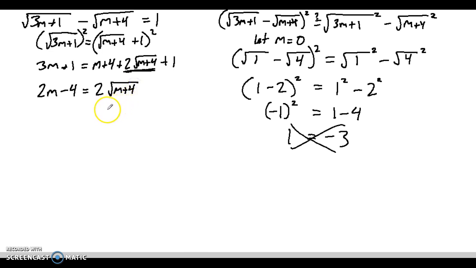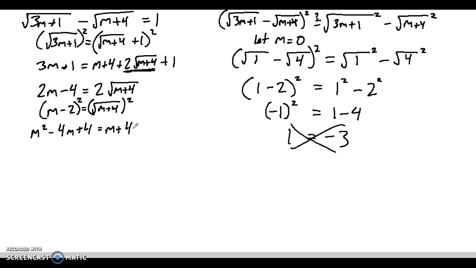Now last time I would have squared both sides at this point, but I notice there's a 2 here, a 2 here, that's 2 times 2, and there's a 2 here. So if I divide everything by 2, I get m minus 2 is equal to the square root of m plus 4, and that'll be just a little easier. Now I can square both sides, and that is m squared minus 4m plus 4 is equal to m plus 4.